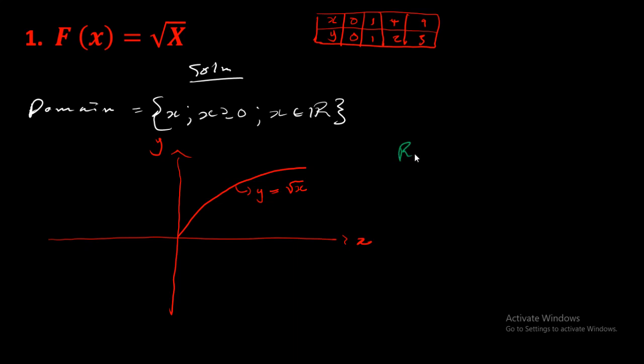So you can write the range as y such that y is greater than or equal to 0, where y is a member of real numbers. This is the solution for this question.